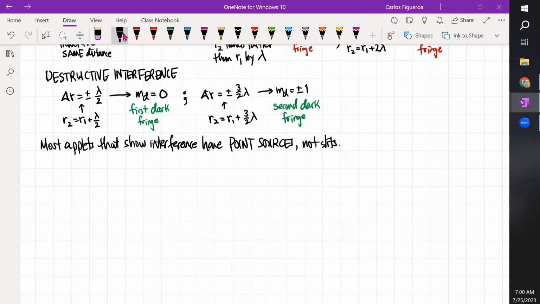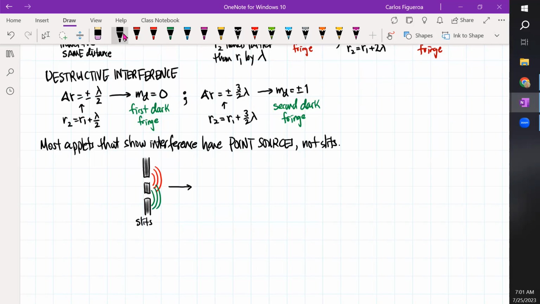In other words, if I have a 2-slit like this, all I know is that as light is coming through this, I'm going to have light that's monochromatic and coherent coming out of these 2 slits. They're overlapping. So here we look at slits.